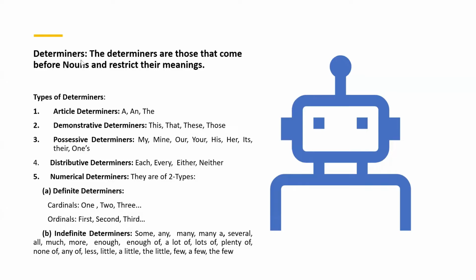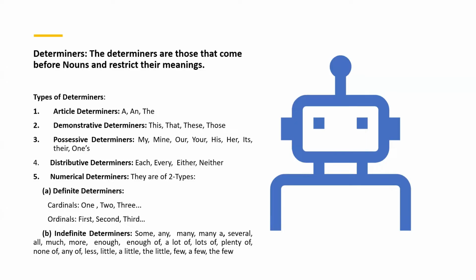Determiners. It is important for us to understand what determiners are. So look at the screen. The determiners are those that come before nouns and restrict their meanings. Let me take a singular aspect.